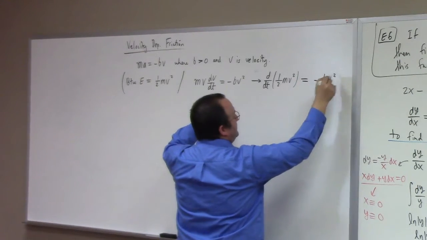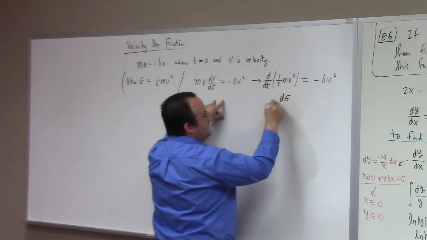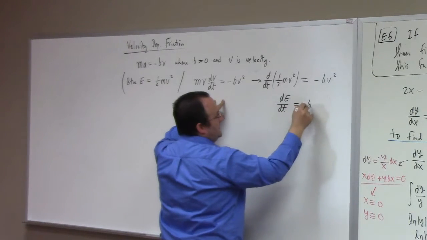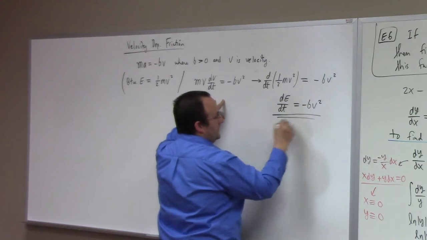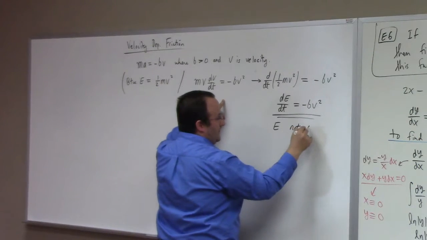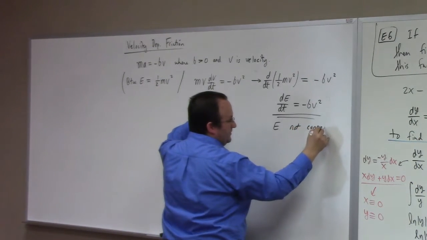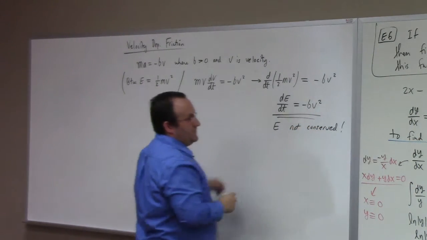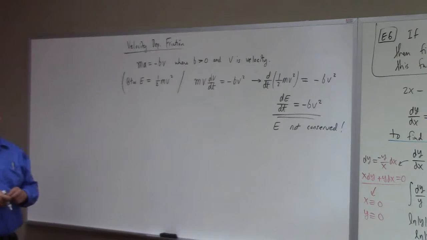Minus bv squared. In other words, dE/dt equals minus bv squared. So there you go. Energy not conserved. In fact, the energy does what? It decreases proportional to the square of the velocity and the given coefficient of friction, b.